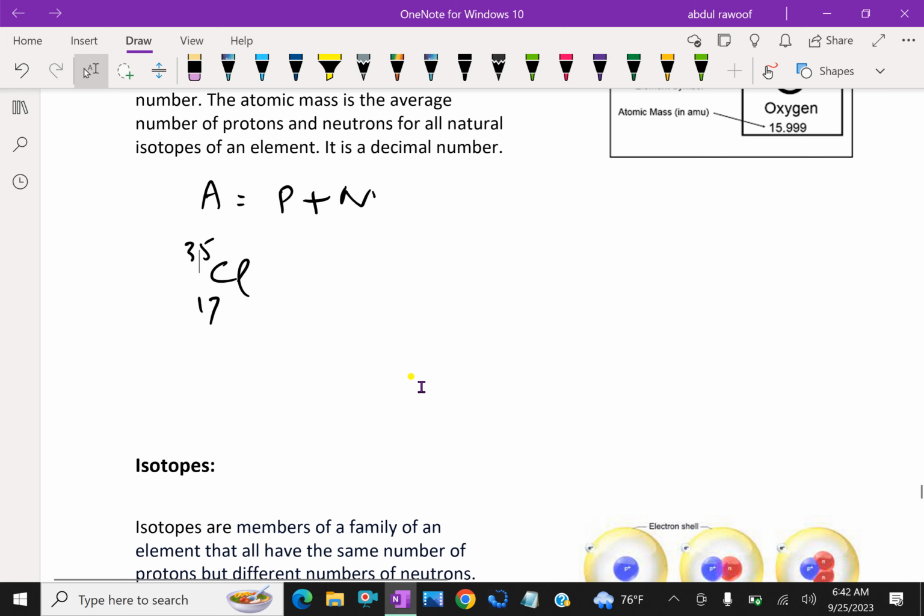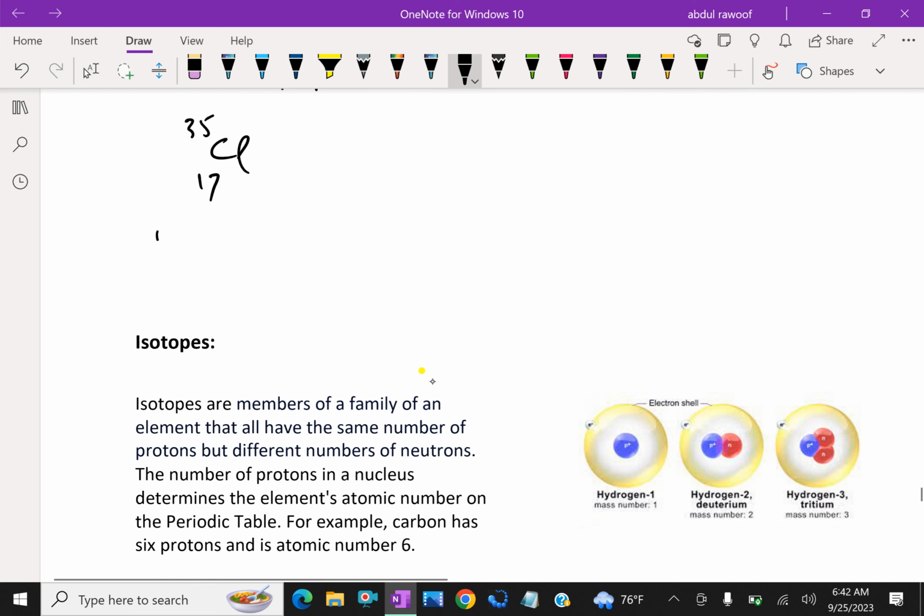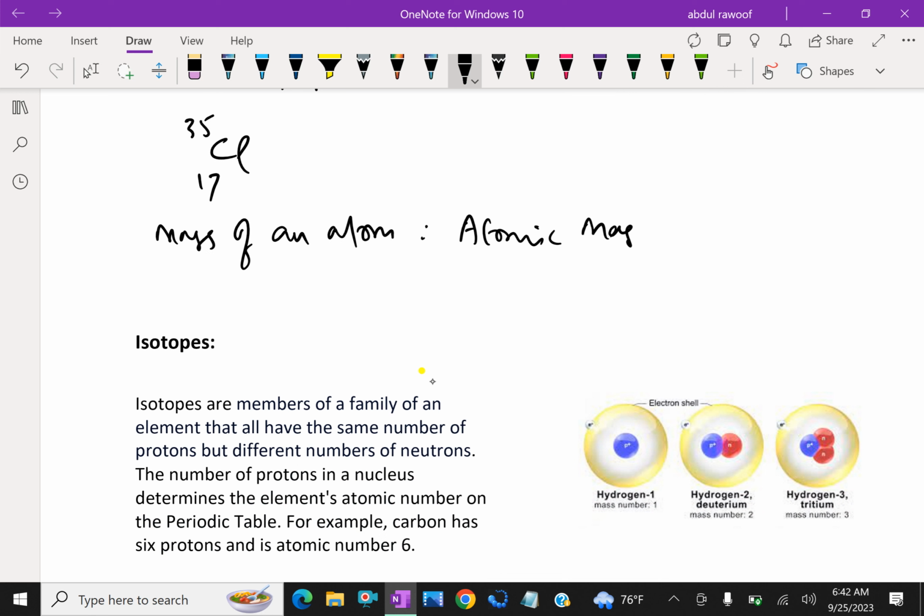The mass of an atom is usually expressed in terms of atomic mass unit, AMU.